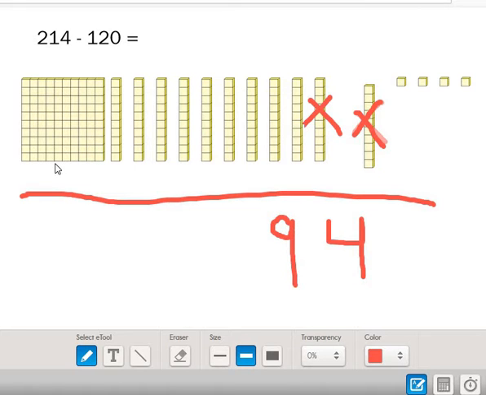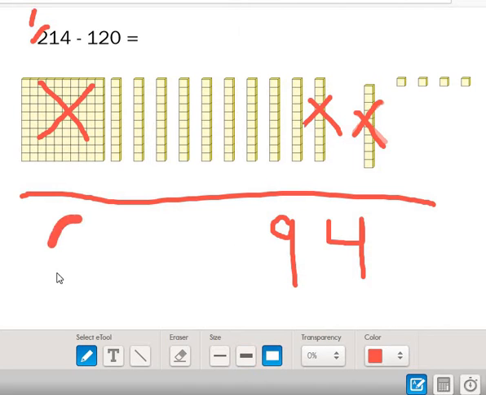What about hundreds? We regrouped 100 as 10 tens, so this 2 is going to be 1. Now we have 100. Now 100 minus 100, we have to cross out 100. We have only 1. So after crossing out this 100, how many hundreds do we have, grade 2?